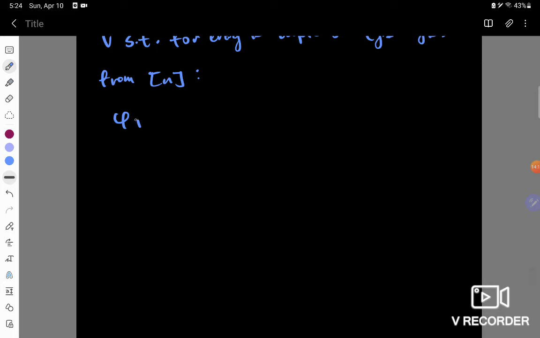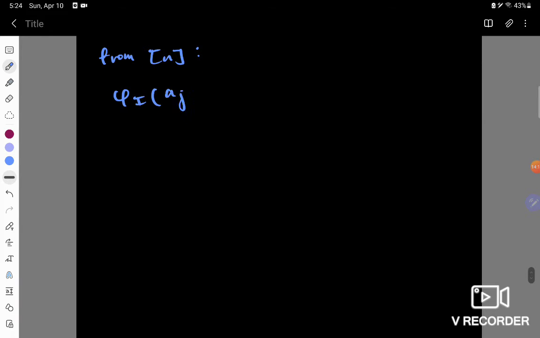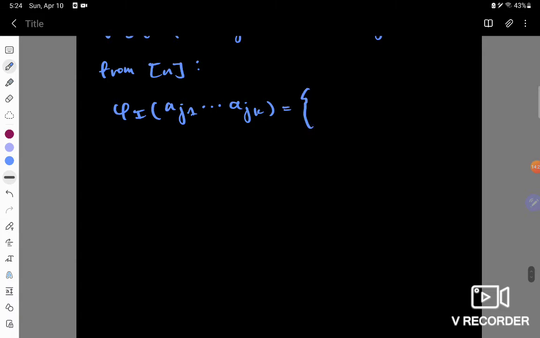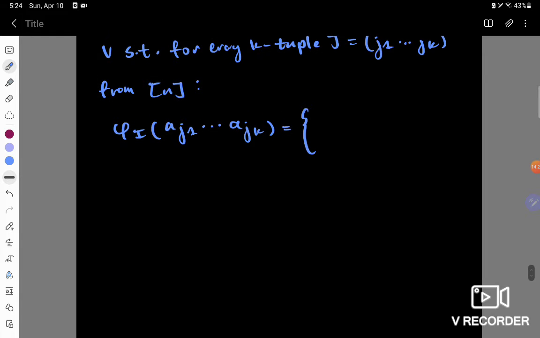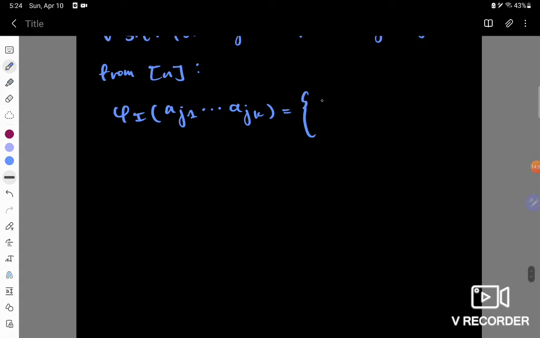So phi sub I of a J1 through a sub J sub k is going to basically be the Kronecker delta product just on this big I and big J. Basically, if across I and across J, all these indices match. So 0 if I does not equal J, so not all the indices match. And then 1 if I equals J.